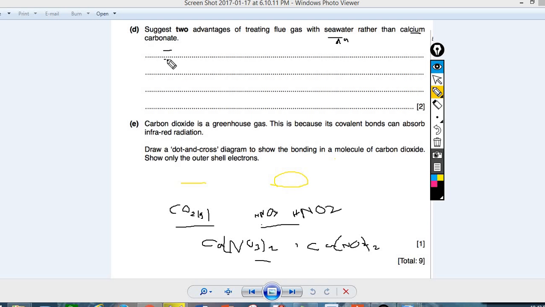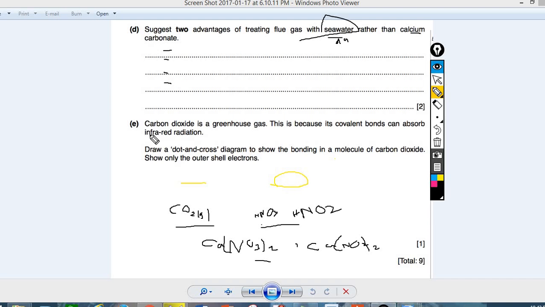You can also write seawater is cheap rather than calcium carbonate. Also, to get calcium carbonate you have to do mining, so no mining is required when seawater is used, so no landscape destruction. And also you can write that seawater is readily available. This depends on the area, but if it's a coastal area, seawater is readily available and cheap. So in many ways seawater is much better.